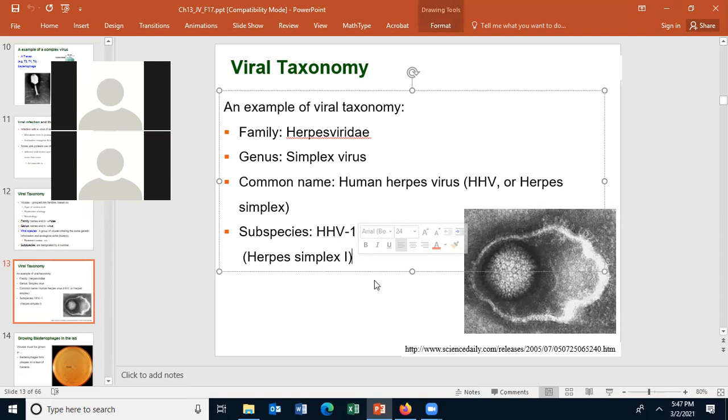It does not cause polio, and we use it to vaccinate people to prevent them from getting the polio disease. So that tells you how different the subspecies can be. One gives the disease polio, the other we use as a vaccine to prevent the disease polio. But they are subspecies of the same species of virus.